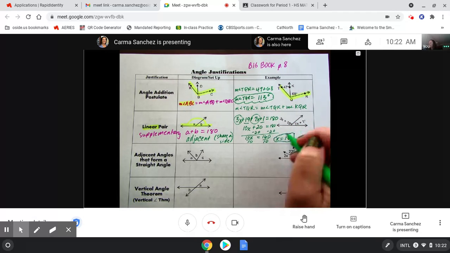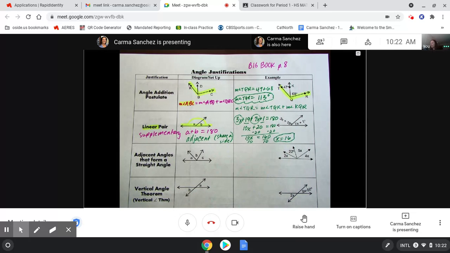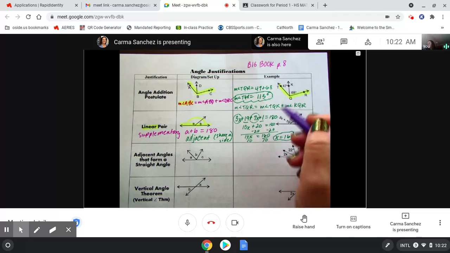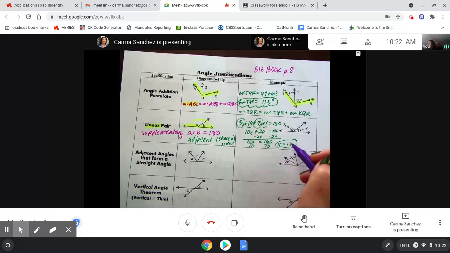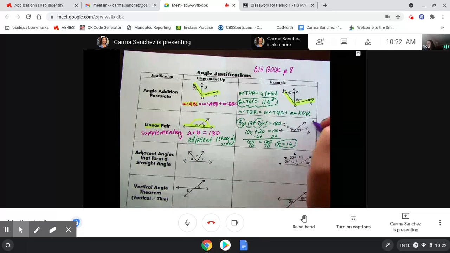Now, if they just ask me for solving for x, we stop there. If they actually ask me for the angle measures, we need to take this 16 and plug it back in. So 7 times 16 gives us 112, and 112 plus 1 is 113. So this angle measure of 7x plus 1 actually equals 113.